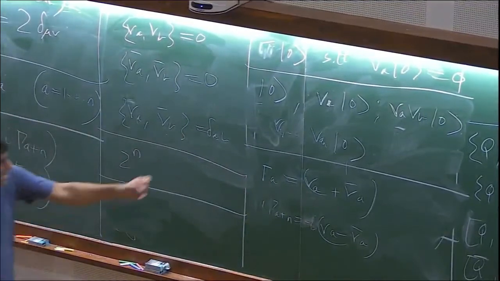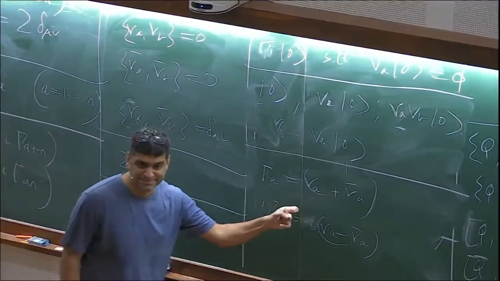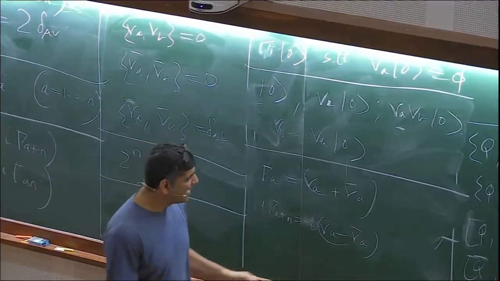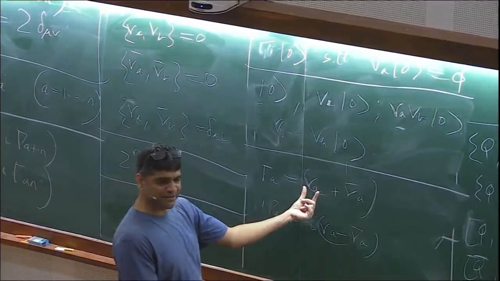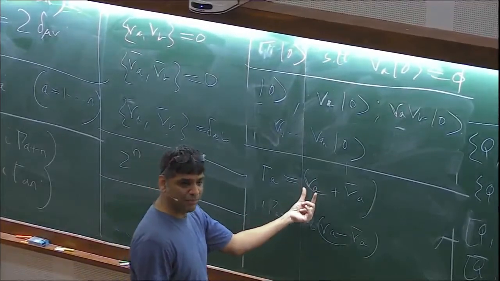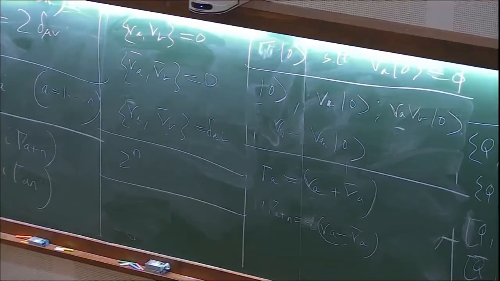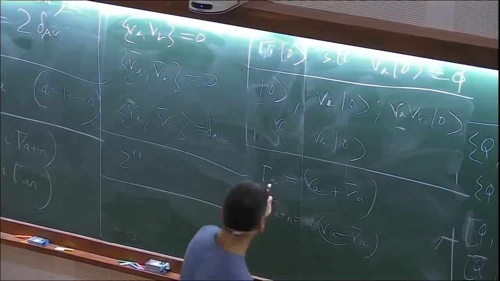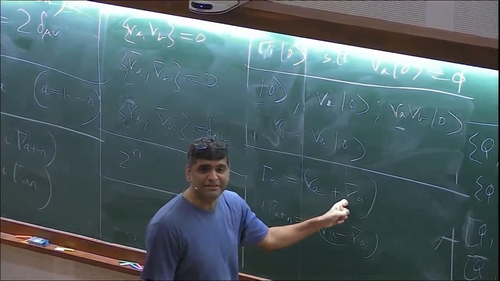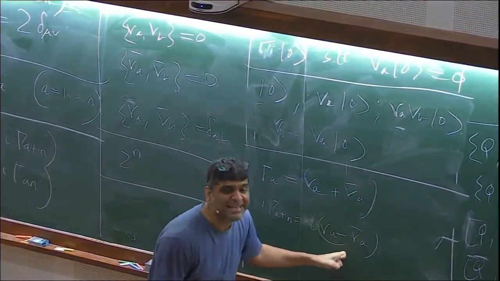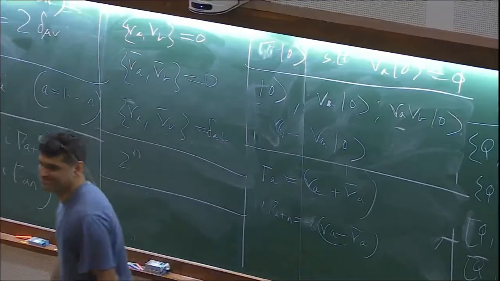Notice that Γ_A and Γ_{A+n} are both Hermitian, but they're Hermitian in different ways. As we will see, these objects are operators that always have real matrix elements in a basis. So this quantity is real and symmetric in our basis, whereas this quantity is imaginary and antisymmetric in our basis.